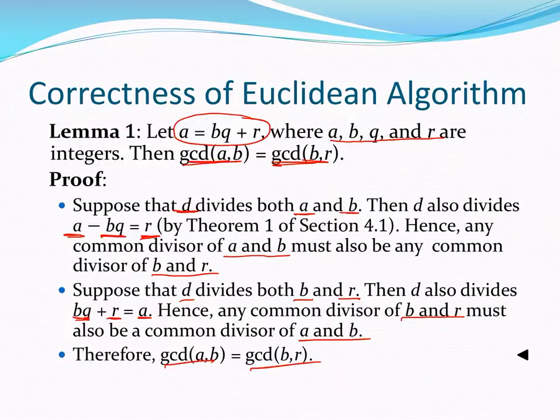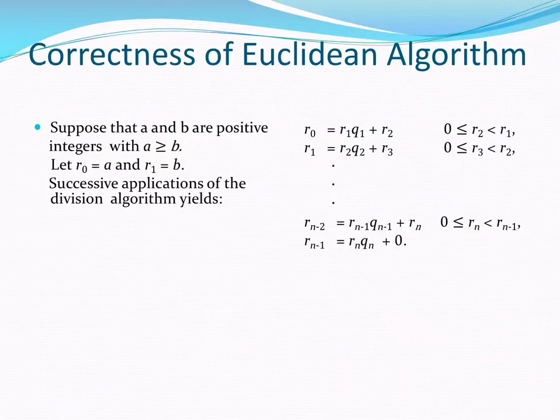Let's look at how this works in multiple applications of the division algorithm and the Euclidean algorithm. If I set up my two integers such that a is the larger one and b is the smaller one, I've got a is equal to r0, b is equal to r1. Remember that the first remainder, r2, will be strictly less than r1.